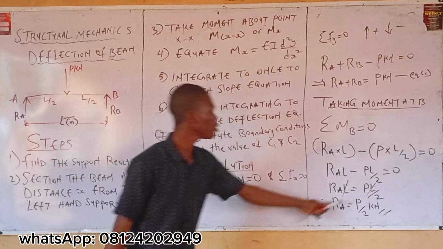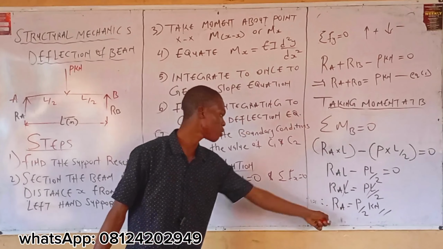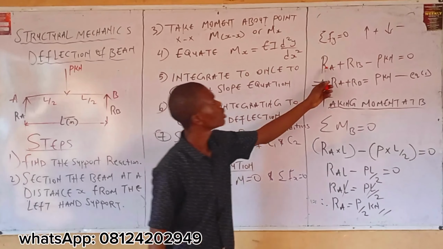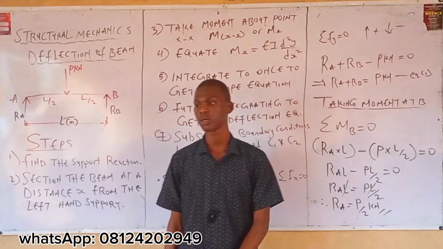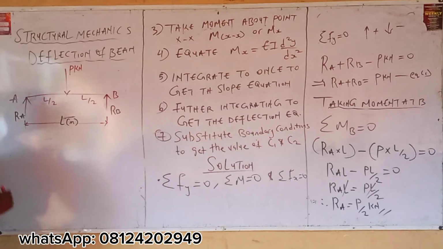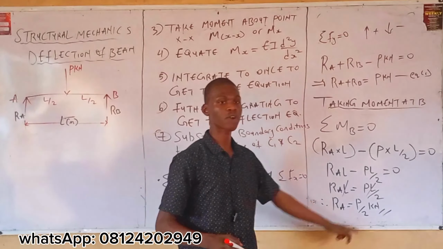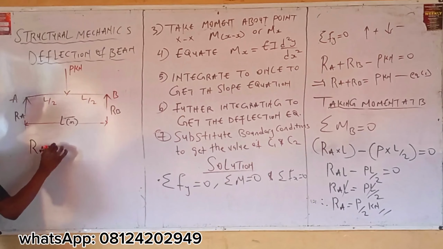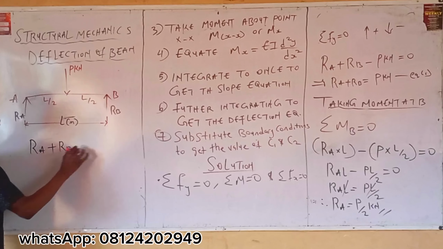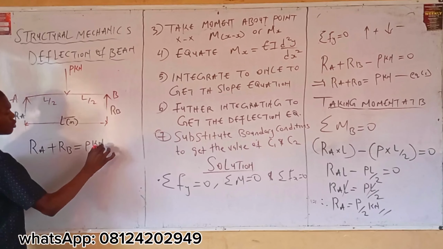If RA is P over 2 kilonewton, you can substitute the value of RA into equation 1. Anywhere I see RA, what will be there? P over 2. Equation 1 says RA plus RB equals P kilonewton.